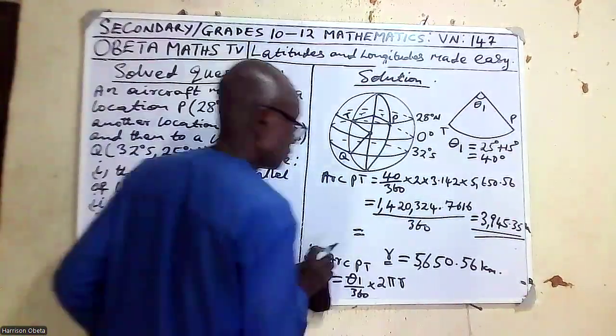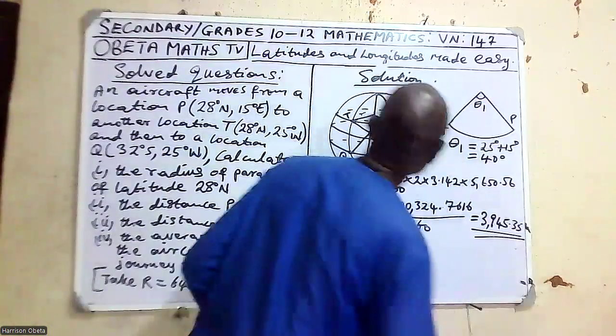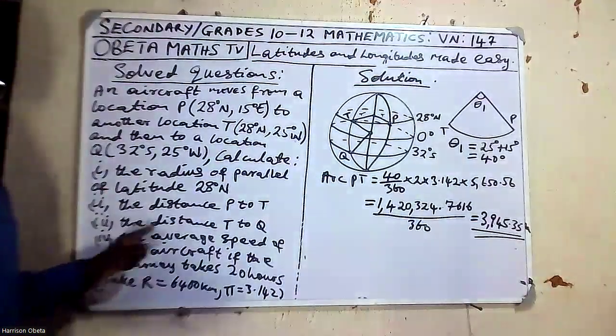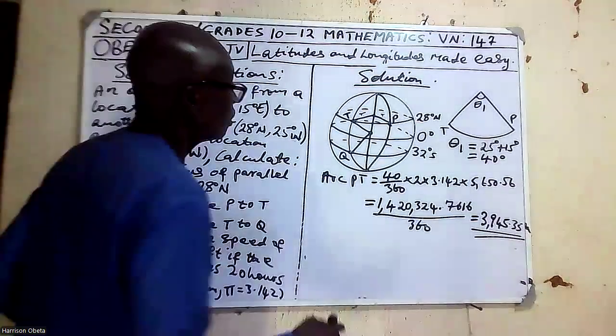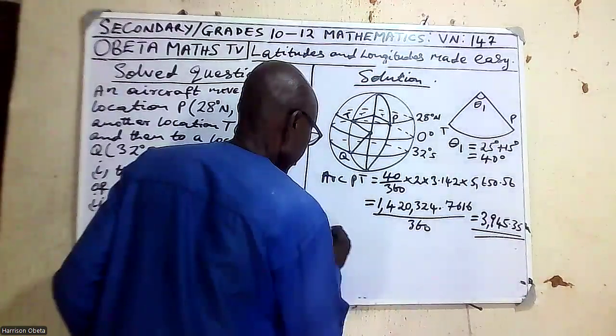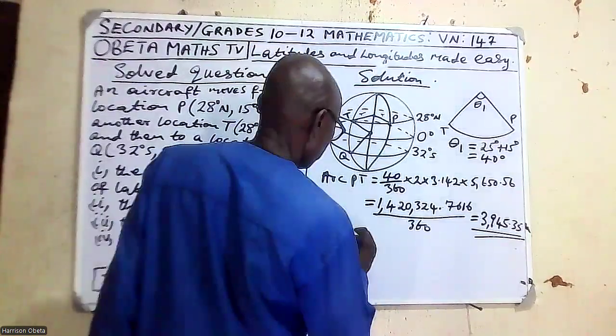Then we now go to the third question, which says the distance T to Q. So we are now talking of arc TQ.